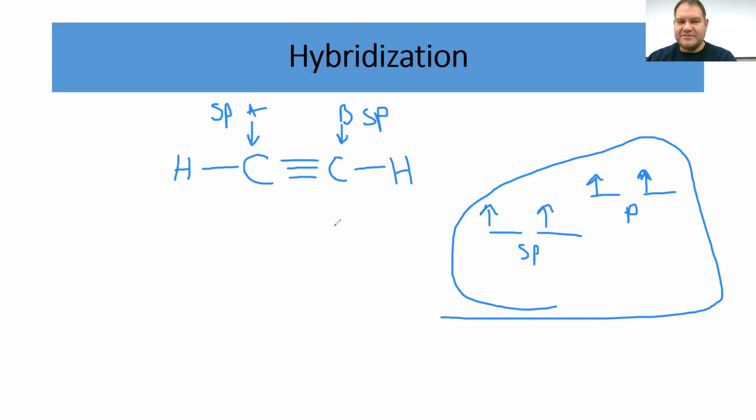So what we can do is form an overlap here with hydrogen. So we have the 1s here, okay, and it forms an overlap there. So that's 1 sigma bond from 1 hydrogen, okay?